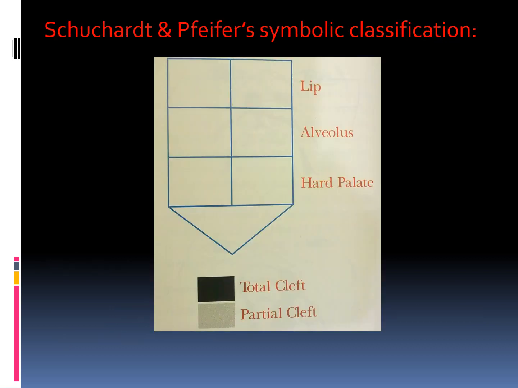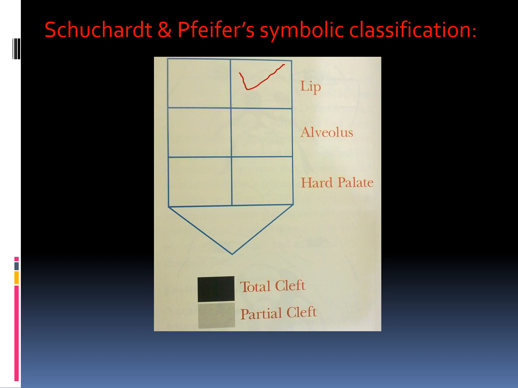Now, Schuchardt and Pfeifer's classification, right? So they divided into this chart, okay? So this chart as you see here. So lip, alveolus, and hard palate, and this is the soft palate, right? So if the patient comes to you and says it has a unilateral cleft lip, you can just tick here.